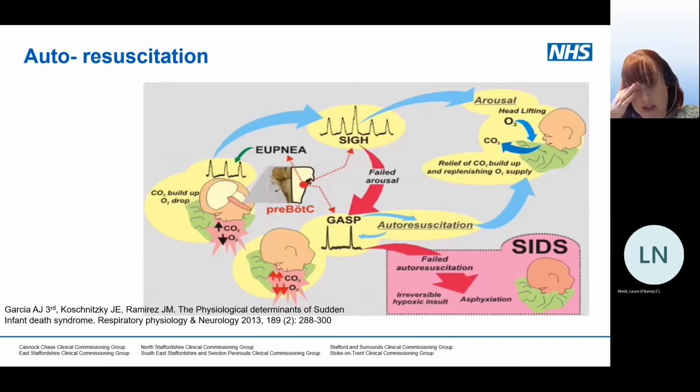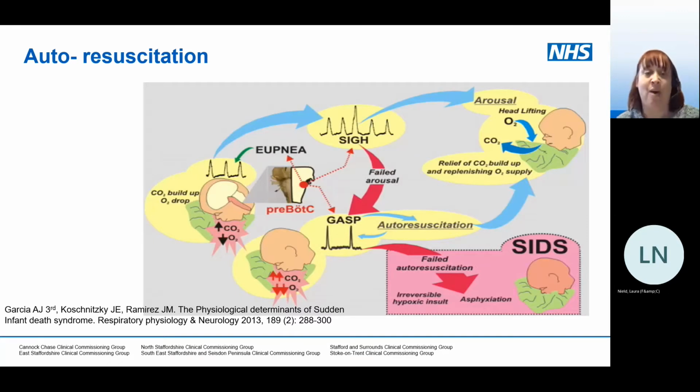The baby becomes short of oxygen, so the brain is short of oxygen, so there's an irreversible hypoxic insult. That means that the brain has had a period without significant oxygen reaching it. It's not something that can be reversed through treatment, and that's when the baby asphyxiated, and that's when we have a case of a sudden infant death.